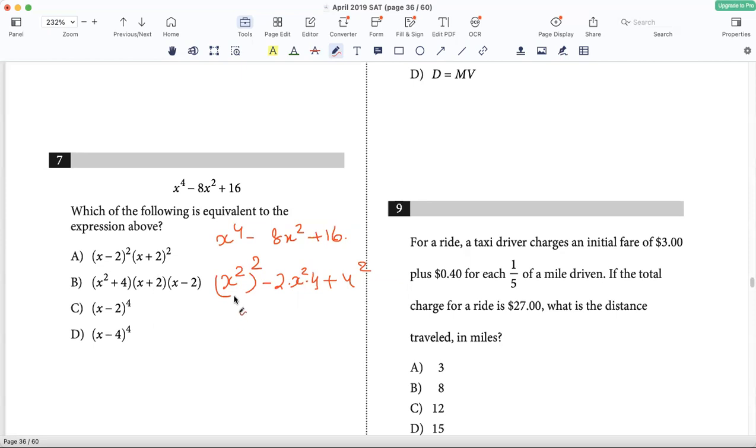So you see that this becomes a square minus 2ab plus b square, which is a minus b the whole square. So x squared minus 4 the whole square. Now x squared minus 4 itself can be written as x plus 2 into x minus 2 and the whole square of that. So this becomes x plus 2 squared times x minus 2 squared, which is option A.